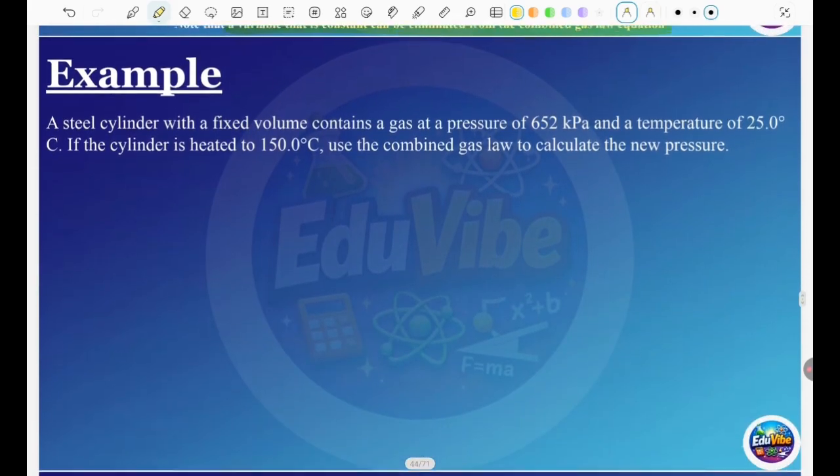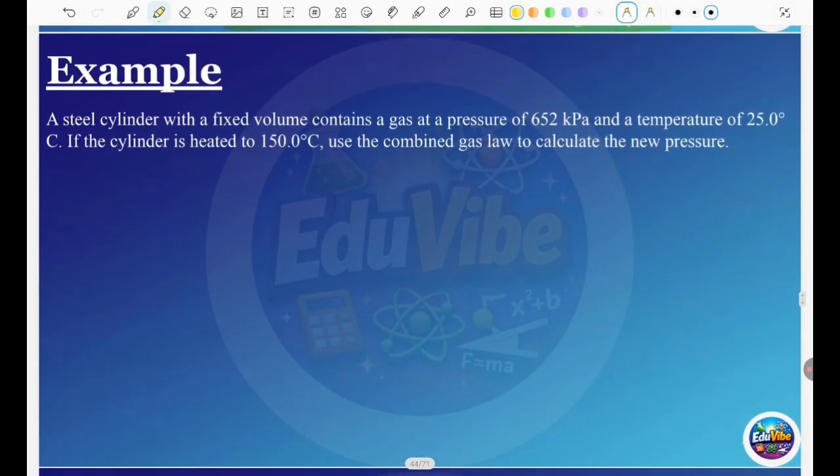So the first question states that a steel cylinder with a fixed volume contains a gas at a pressure of 652 kPa and a temperature of 25.0 degrees Celsius. If the cylinder is heated to 150.0 degrees Celsius, use the combined gas law to calculate the new pressure.